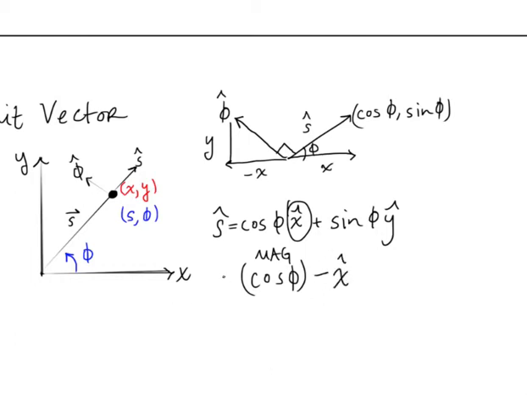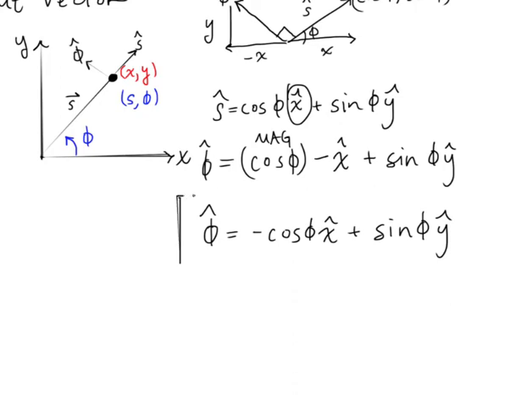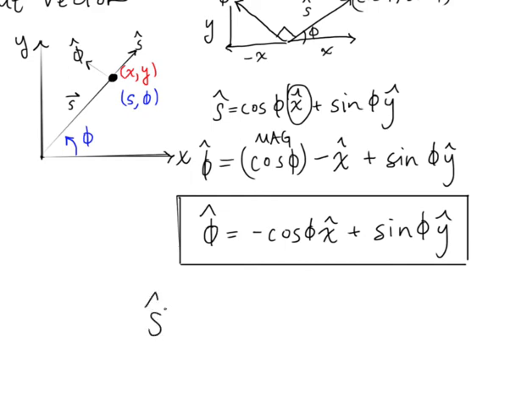And then it has the exact same y component, so sine phi y-hat, my bad. And then we get that phi-hat is equal to negative cosine phi x-hat plus sine phi y-hat. So there we go. We've solved for s-hat and phi-hat.